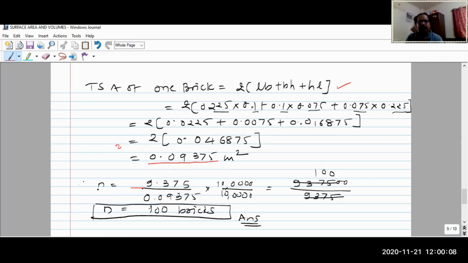Now, as we know the formula to find the number of bricks to be painted, it is given by 9.375, which is the total surface area to be painted with the paint in the container, divided by the total surface area of a brick, which we have just obtained as 0.09375.